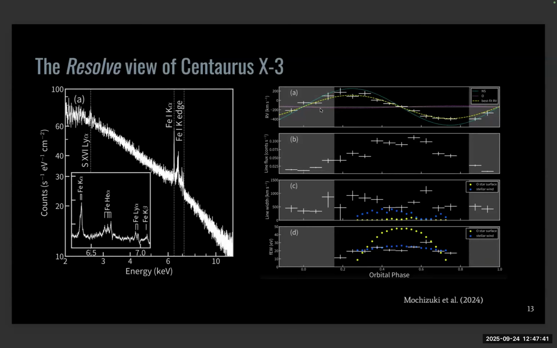So there must be some material that is closer to the neutron star, still dense enough that it doesn't get too highly ionized, but still produces this orbital velocity curve, and also line broadening of a few hundred kilometers per second.